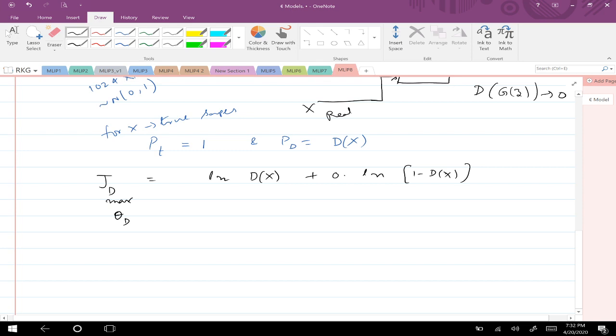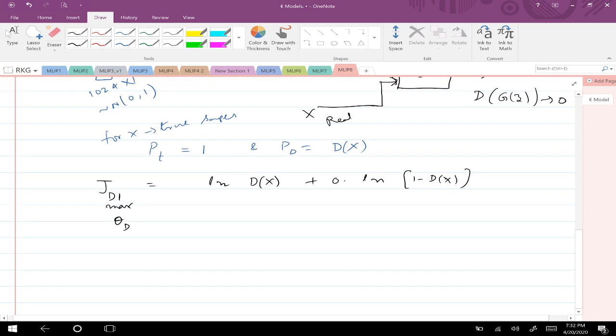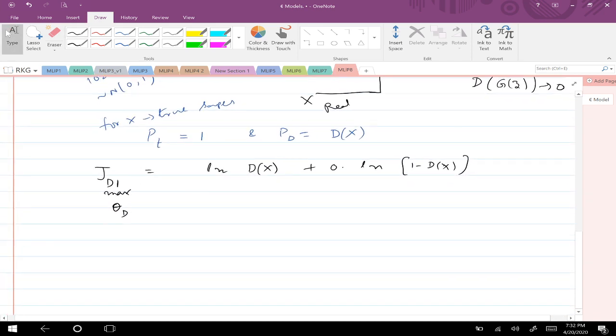But there is another job of the discriminator: it also has to say that p of t is equal to 0 for g of z.